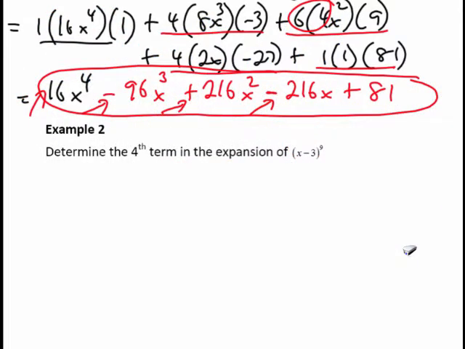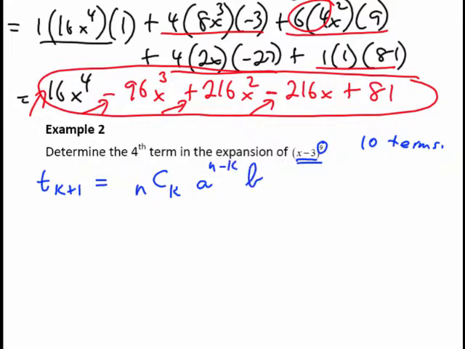Finally, sometimes you're just asked for a particular term in the expansion. So if we wanted to know the 4th term in the expansion of this binomial, we know the fact that we have a 9 up here means that the expansion has 10 terms. And we know that our formula for the k plus first term is n choose k, a to the n minus k, b to the k.